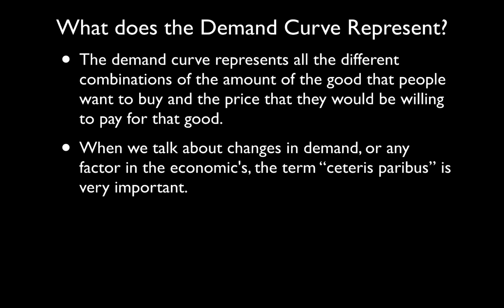Okay? When we talk about changes in demand or any factor in economics, the term ceteris paribus is very important. What it means is nothing else has changed. So in the previous two examples, when we talked about price rising and price falling, what we're actually saying is that this is the only change occurring, and we're trying to measure the change in the amount that is bought, quantity demanded, caused by only a change in price.